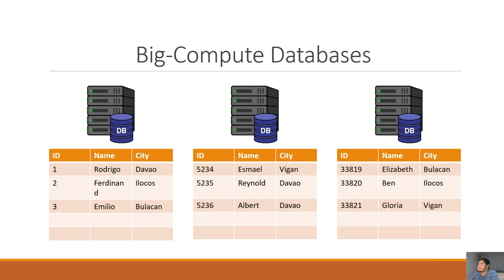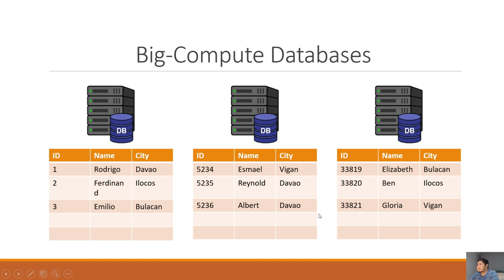Now, here is the illustration of the big compute databases. One third of the master database is distributed to the first node, another one third is distributed to the second node, and another one third is distributed to the third node.